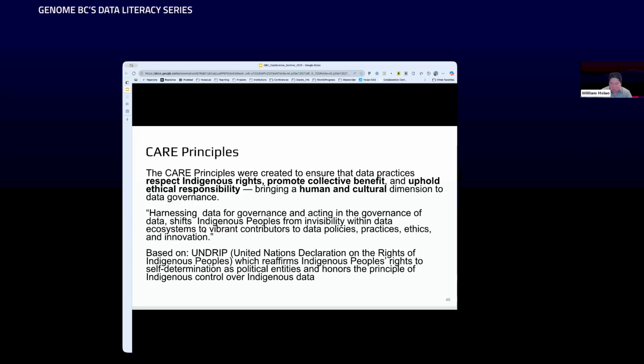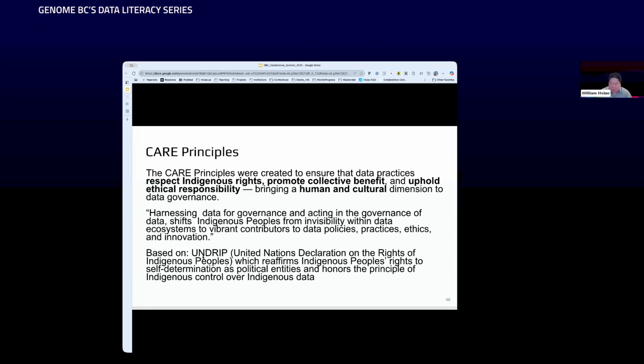And it's also highlighting the CARE principles, or the failure to meet the CARE principles. These principles were created to ensure that data practice respects indigenous rights, promotes collective benefits, and upholds ethical responsibilities. In other words, to bring the human and cultural dimension and considerations into data governance practice.